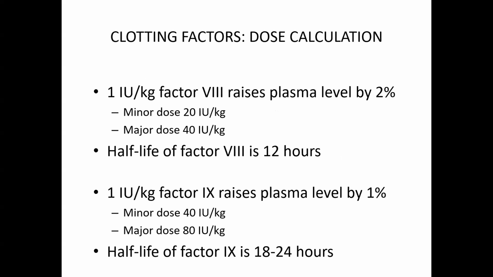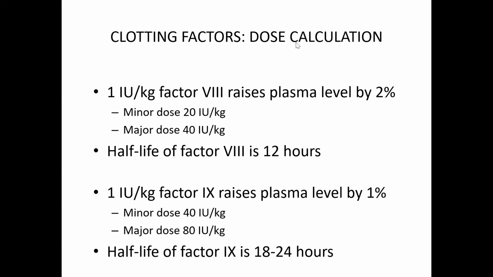So, clotting factor dose calculation. How do you know how much to give a certain patient who has presented to you? For factor 8, that is hemophilia A patients, the rationale is that 1 international unit per kg of factor 8 raises the plasma level by 2%.